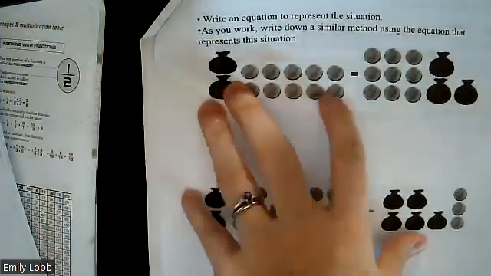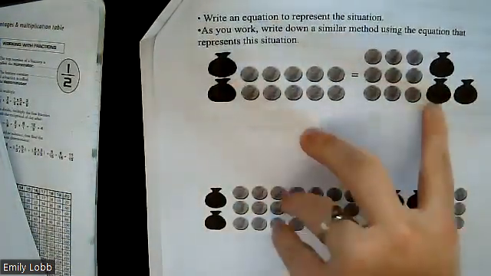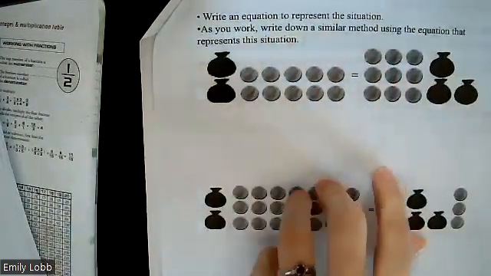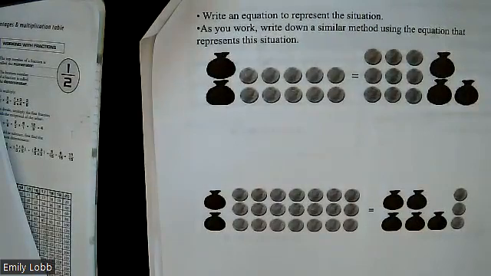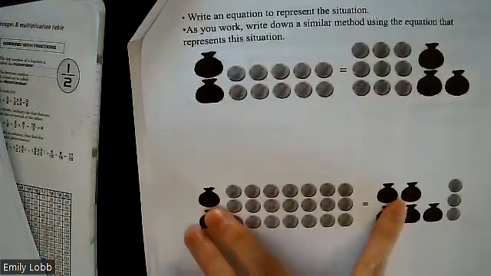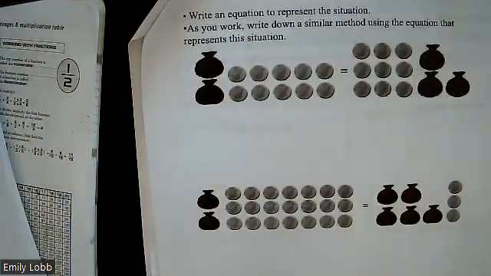So rewrite these as an equation to represent the situation, and then write down what you're doing. Show all your steps just so that we can review solving equations with variables on both sides. Because we're going to add them all together tomorrow.